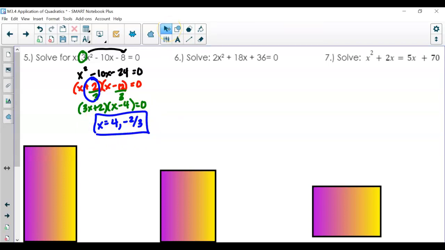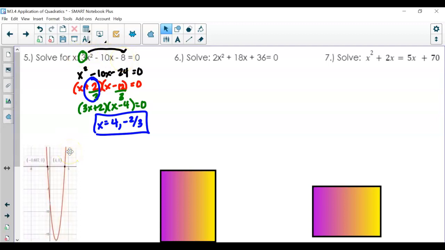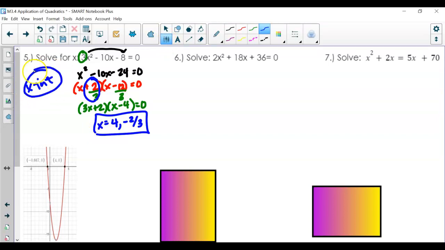Now you can use Desmos to graph and check. If you were to graph this equation, the 3x squared here, this is how it would look. Now remember, all we need is x. So all we need are the x-intercepts. That's it, because we're solving for x. That's what we're looking for. Like the good old, how long is this object in the air before it hits the ground, right?